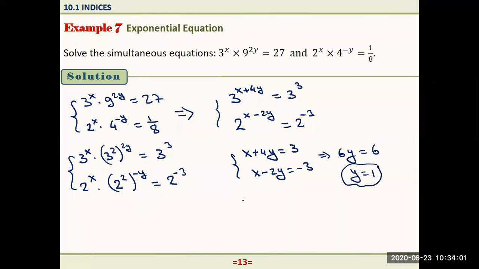Now, if I substitute here, x plus 4 times 1 equals 3. What is x? x equals negative 1. So the answer is x equals negative 1 and y is equal to 1. Okay, that is the solution of the given exponential equations.